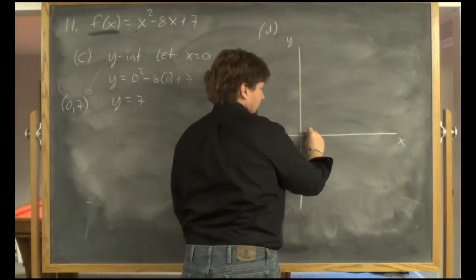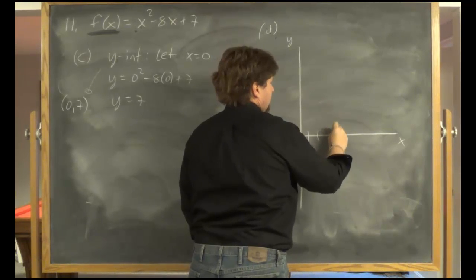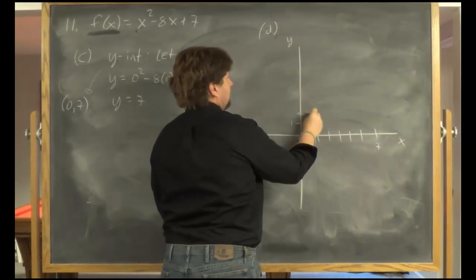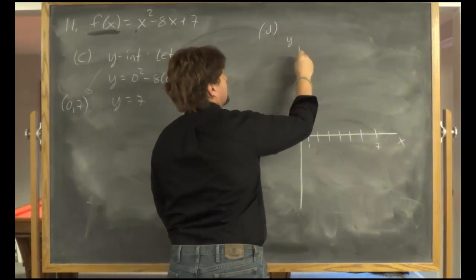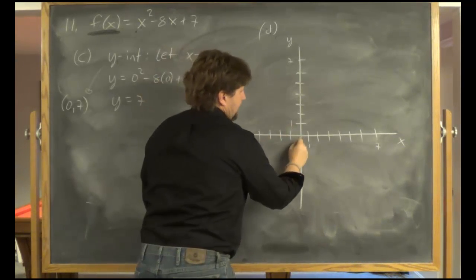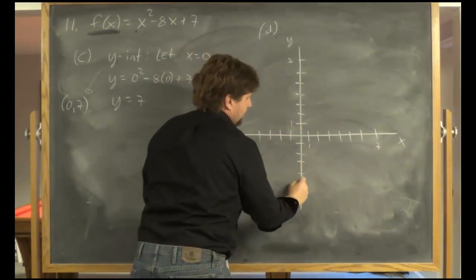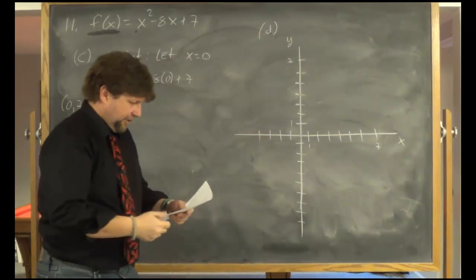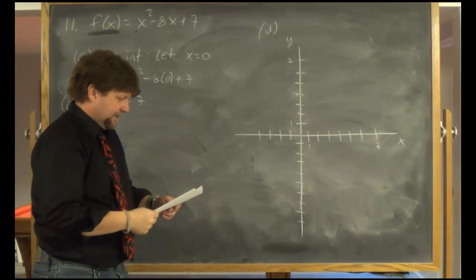So this is 1, 2, 3, 4, 5, 6, 7. I'll get some over here. We have 1, 2, 3, 4, 5, 6, 7, 8, 9. So let me plot the points that we found in A, B, and C.